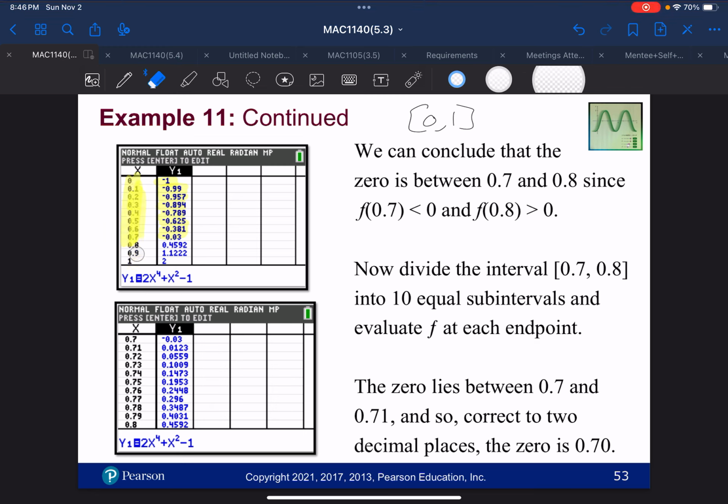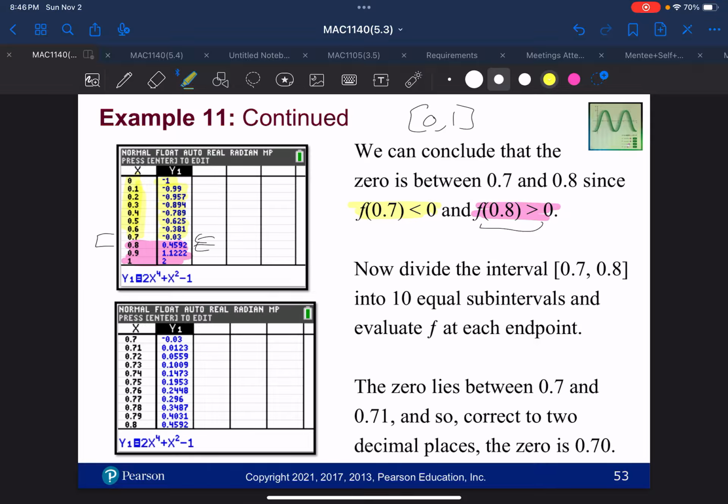And after 0.7, they start becoming positive. So that narrows it down to there being a 0 between 0.7 and 0.8. You can see that the output for 0.7 is negative, and for 0.8 it's positive. So now I know that there is a 0 between 0.7 and 0.8.